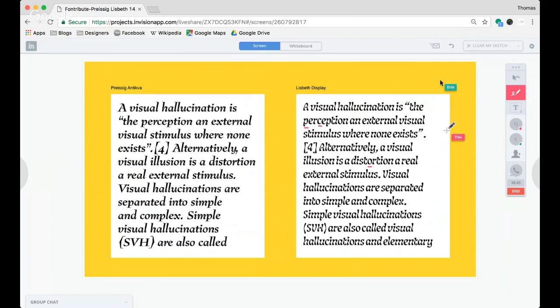But the pattern is so overwhelming it takes over the entire color. Meanwhile, with Preissig, it's there but more secondary. There's definitely a texture and color, but it's not overwhelming to the point where it overpowers the readability of the text itself.